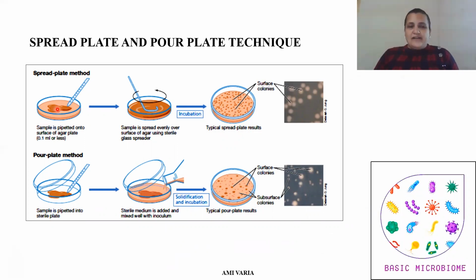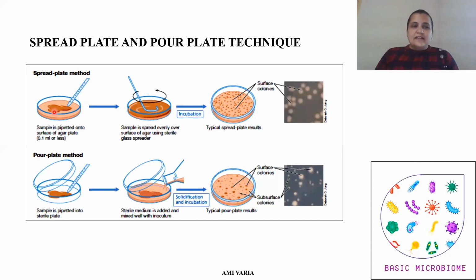In the spread plate technique, we require a ready-made culture medium plate, and on that plate we place our required aliquot. That may be 0.1 ml, 0.2 ml, 0.5 ml up to 1 ml, not more than 1 ml.